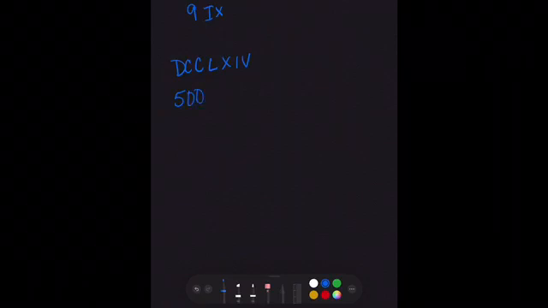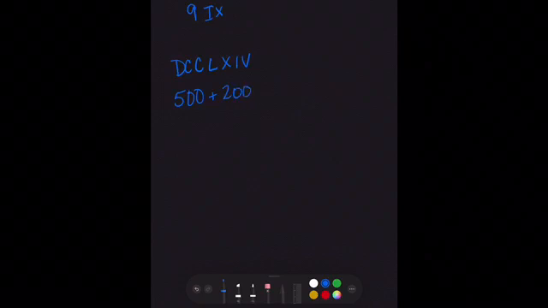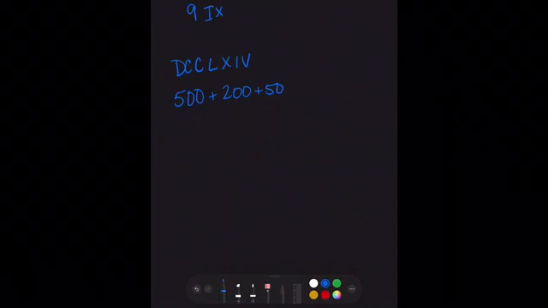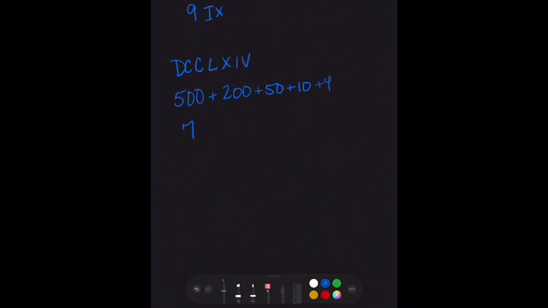The 2 C's would be 200. So we can think of it as 500 plus 200. L is 50, so plus 50. X is 10, so plus 10. And IV, 1 less than 5, is 4. So it would be 764.